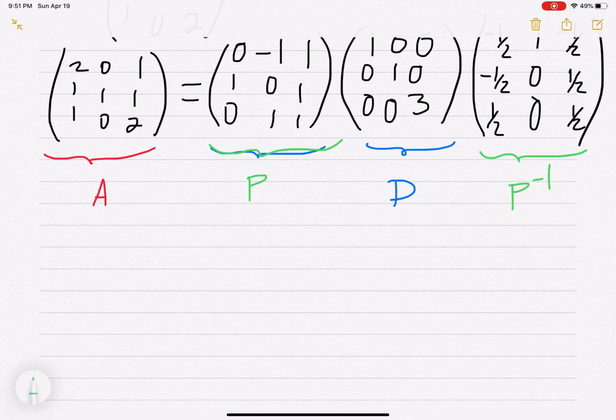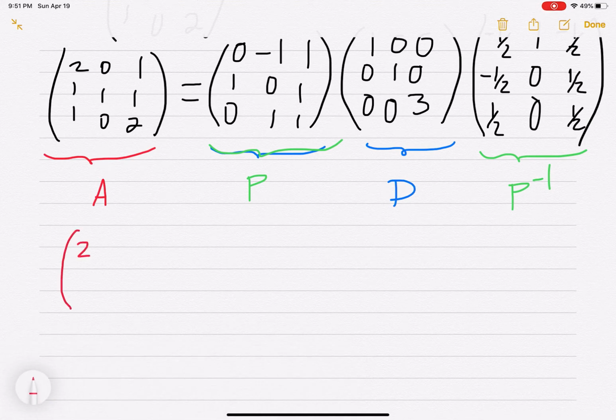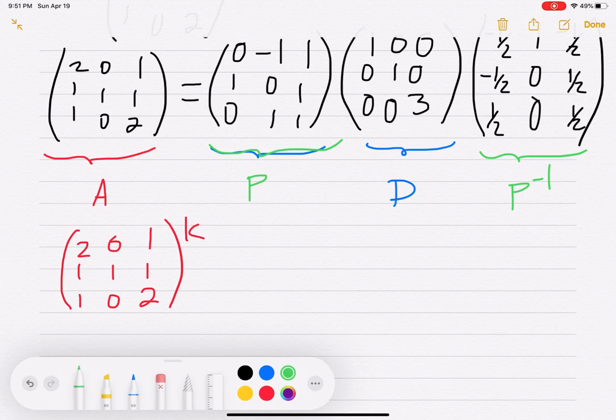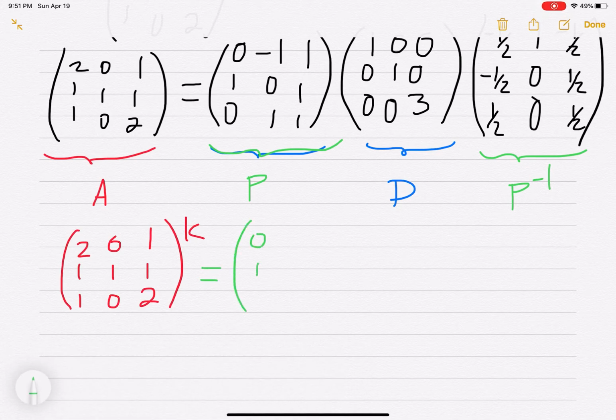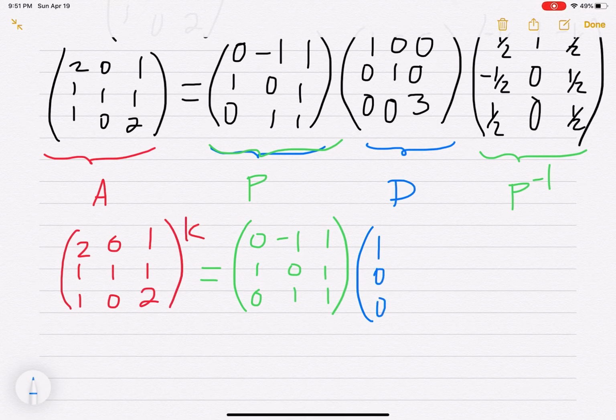That's what we want to do. We're not actually given a number, just the kth power in general: [2, 1, 1; 0, 1, 0; 1, 1, 2] raised to the kth power. That's going to be equal to our P matrix, [0, 1, 0; -1, 0, 1; 1, 1, 1], then our D matrix, [1, 0, 0; 0, 1, 0; 0, 0, 3], raised to the kth power.